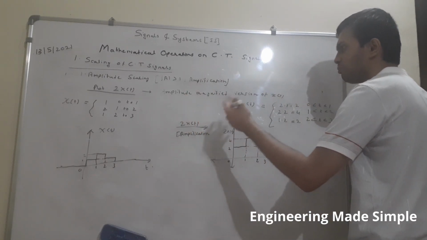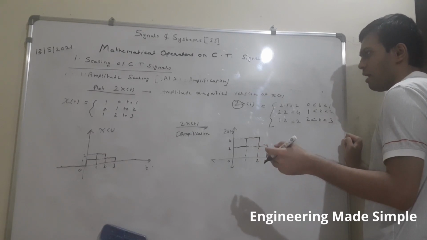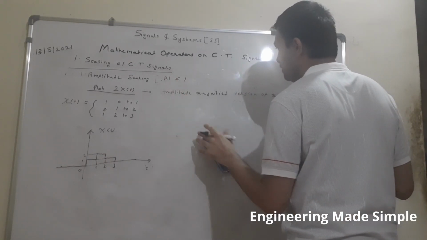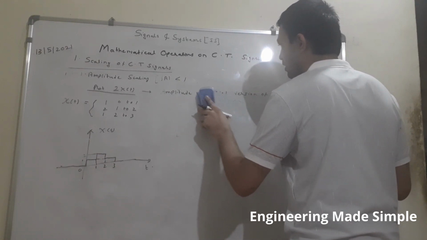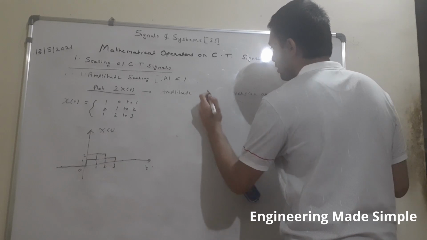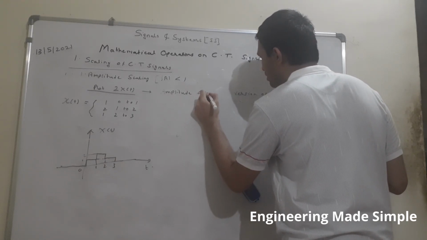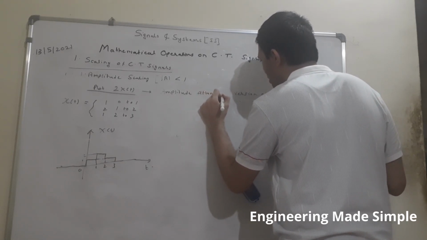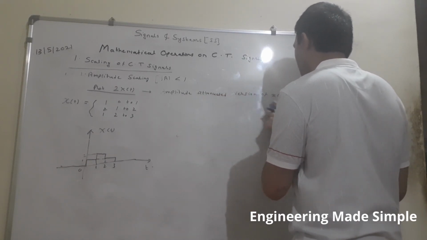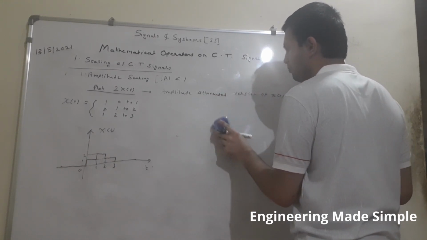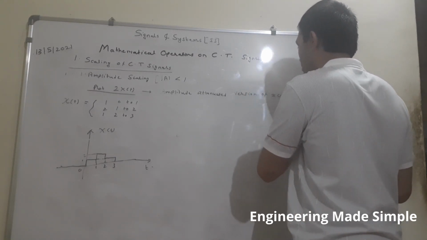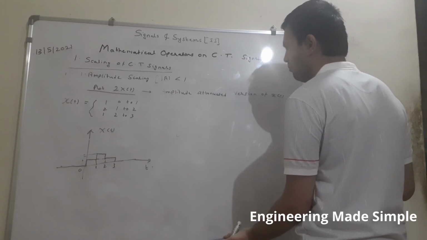Now we will go on to study amplitude attenuation. When the magnitude of A is less than 1, it is said to be the amplitude attenuated version of the signal.